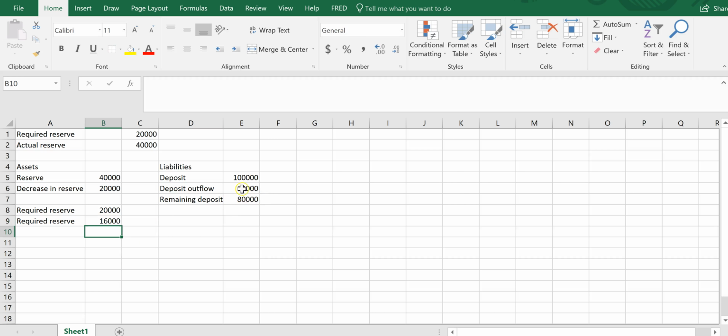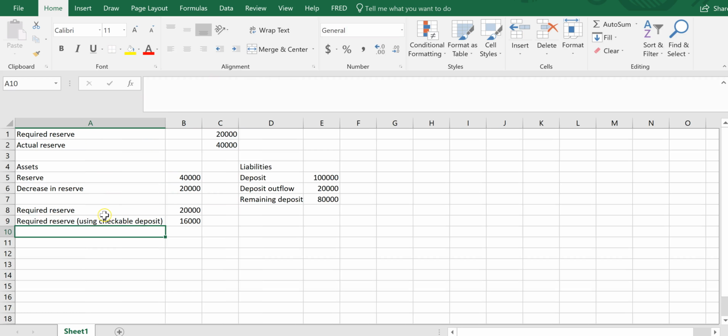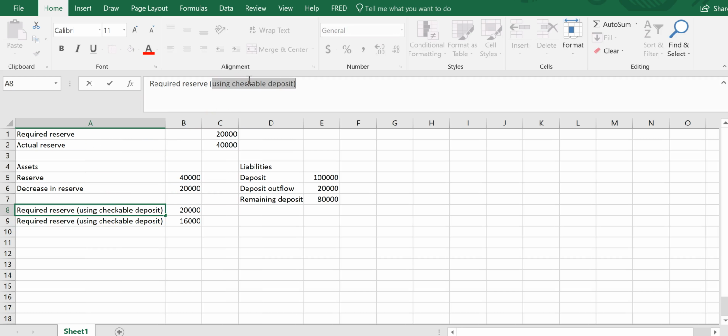Obviously, because I assume this deposit outflow, you can see that this number is the required reserve using the checkable deposits, and this required reserve is based on using the decrease in reserves.